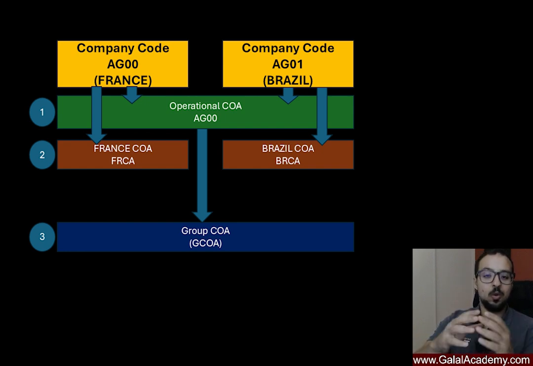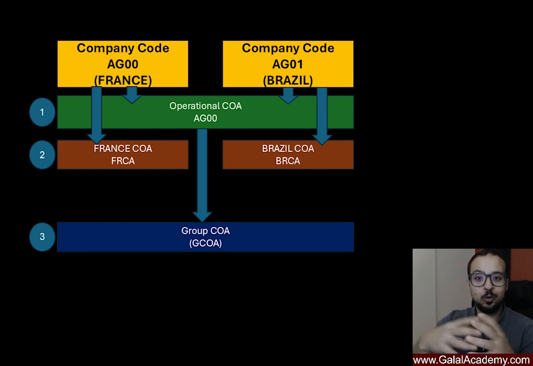Normally when all companies belong to one group, we use the same operational chart of accounts. The reason we do this is because you want communication to be easy between the different business units. For example, now we have our company code in France and another company code in Brazil. Maybe we have a support center for finance or for SAP in France or in another country.